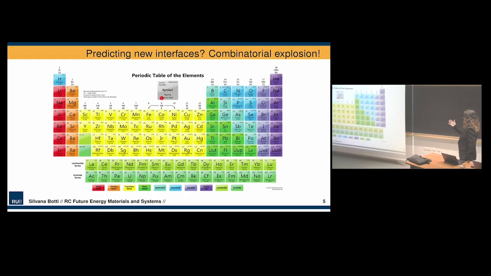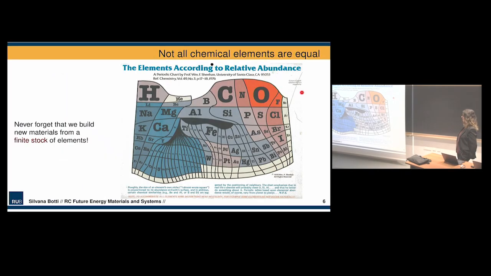The periodic table is here, so there are not so many possible elements, but if we start to combine them to make binary, ternary, quaternary compounds with different stoichiometries and different crystal structures, you see that the number of possibilities explodes very, very quickly. So the brute force approach, doing calculations with DFT for everything, is not going to work. We have to find some smarter approaches.